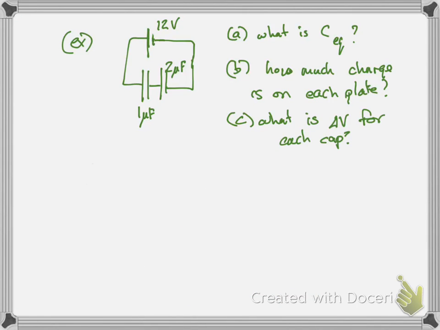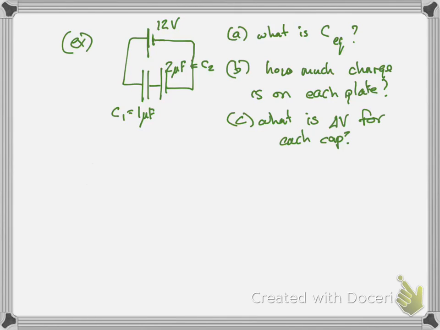Okay, so let's just do an example. I have two capacitors in series, and I'm going to ask what is the equivalent capacitance, how much charge is on each plate of each capacitor, and what is the delta V for each capacitor. Let's call this C1 and this C2. What is the equivalent capacitance?